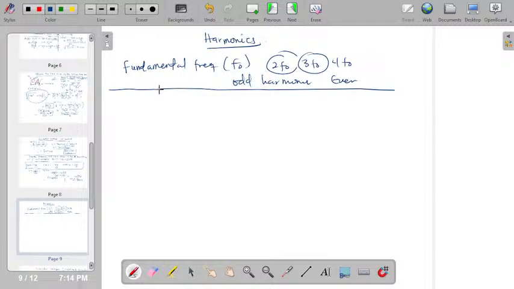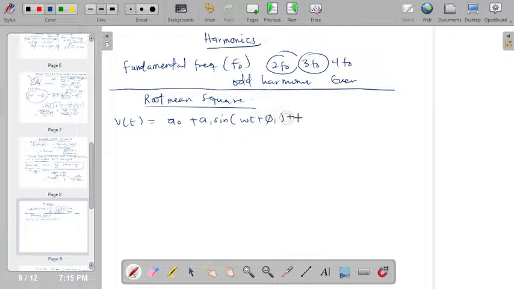Now, how do you find the root mean squared of all harmonic values? A typical example of a harmonic: a function of t is given as A naught, plus A1 sine omega t plus angle 1, plus A2 sine 2 omega t plus angle 2, plus A3 sine 3 omega t plus angle 3, like that.